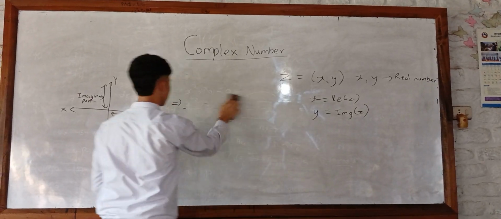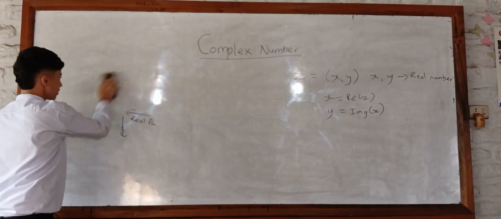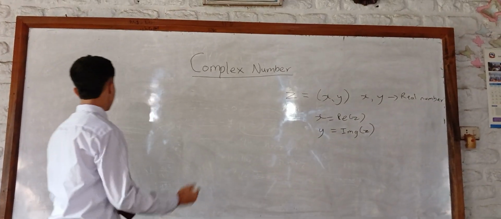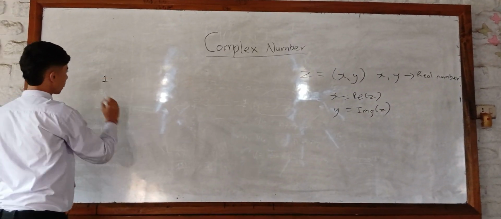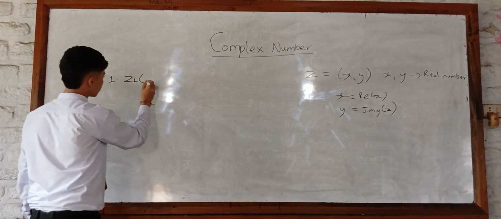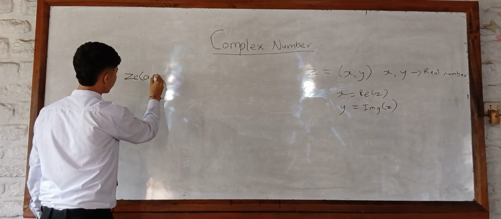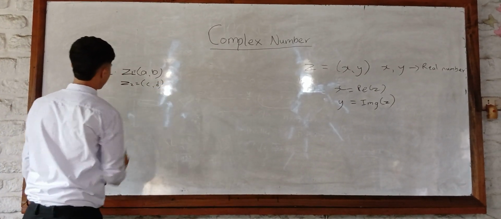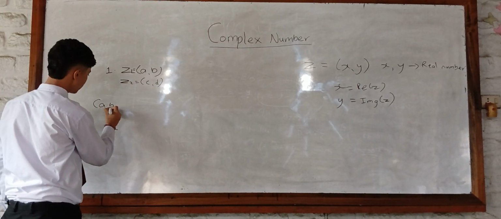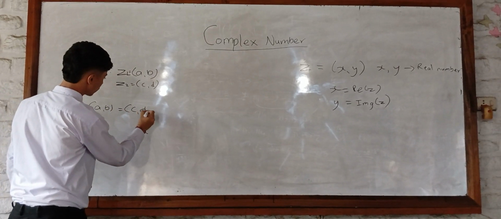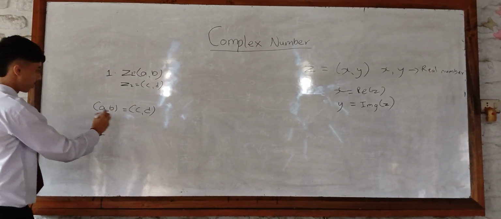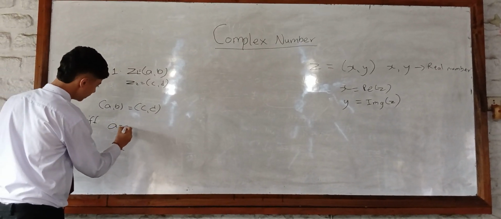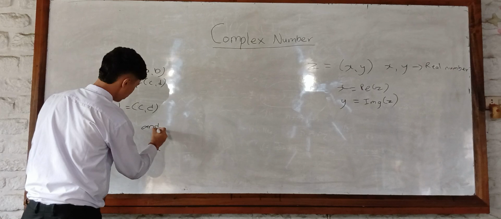Now let me go to the algebraic operations like addition, subtraction, and multiplication of complex numbers. The first one: let's take two complex numbers, a comma b and another, c comma d. a comma b is equal to c comma d if and only if a is equal to c and b is equal to d.